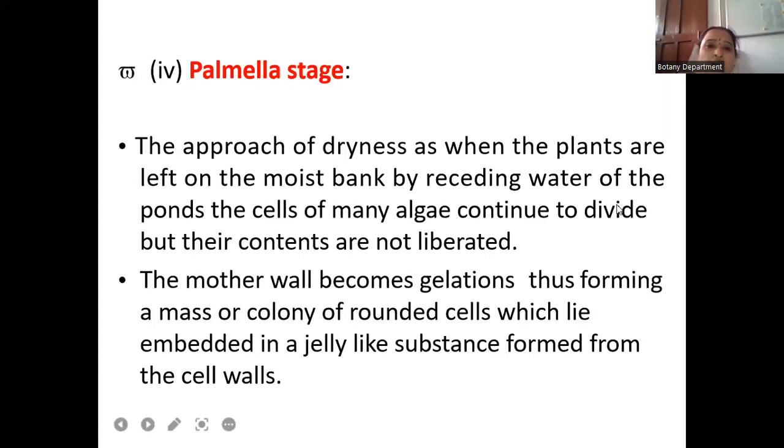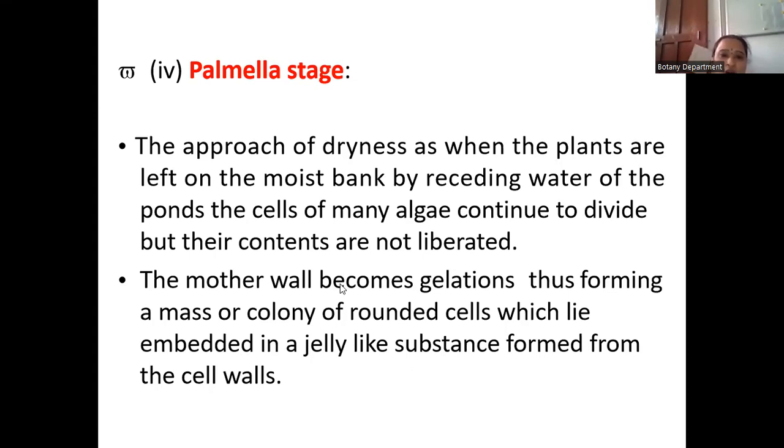Coming to the fourth one, palmella stage. This is a very important stage of asexual reproduction. When dryness sets in, the plant body is left on the moist bank or receding water of ponds. Many algae continue to divide, and the cell contents are not liberated. The mother cell wall becomes a gelatinous sheath, forming a mass or colony of rounded cells embedded in jelly-like substance.